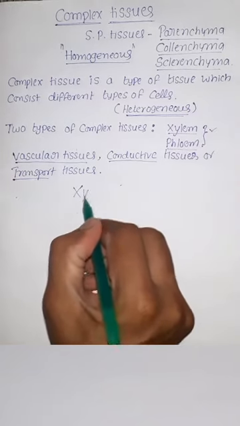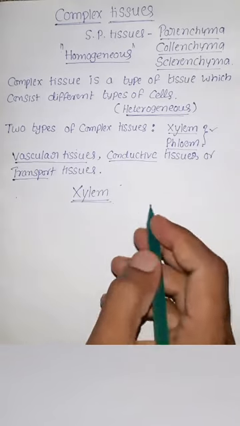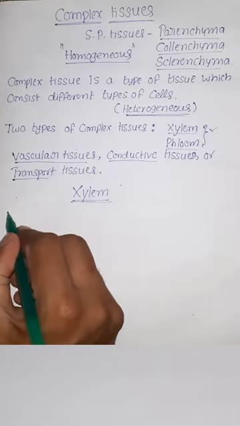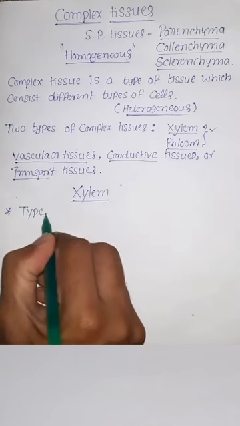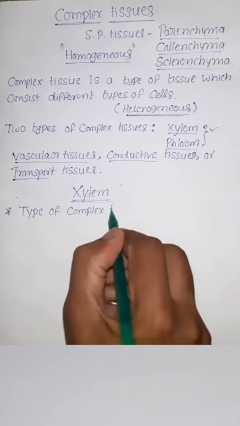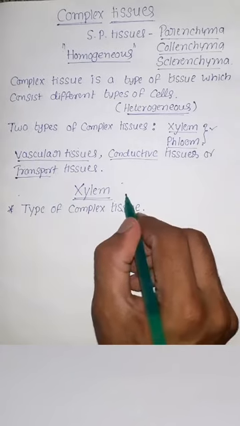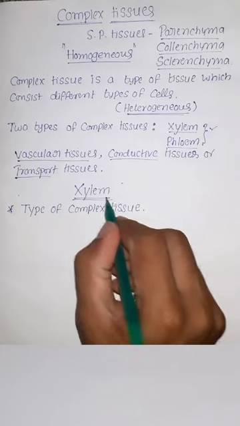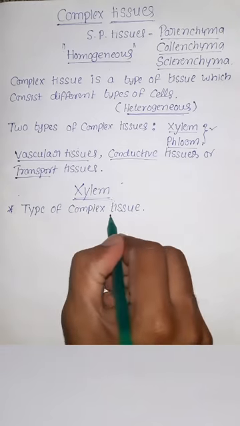Xylem is a type of complex tissue, means it consists of different types of cells within xylem. That's why it is a type of complex tissue.